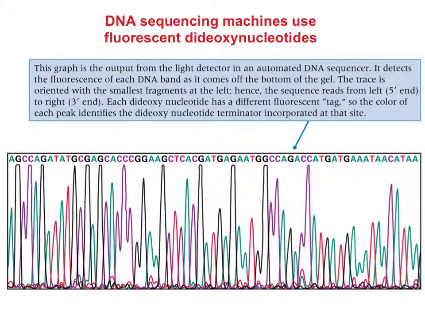DNA sequencing machines use fluorescent dideoxynucleotides, and so here's a sequencing trace in which you have different bases being identified. So each dideoxynucleotide has a different fluorescent tag, so the color of each peak identifies the dideoxynucleotide terminator incorporated at the site. So this is what it shows, and then you can determine.